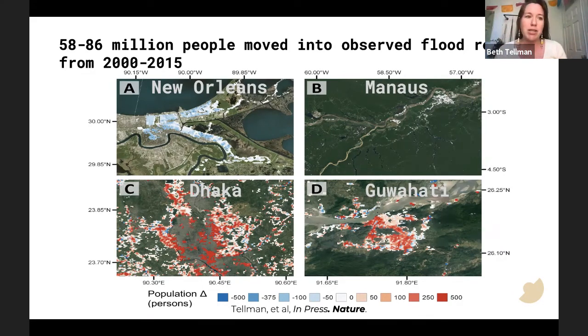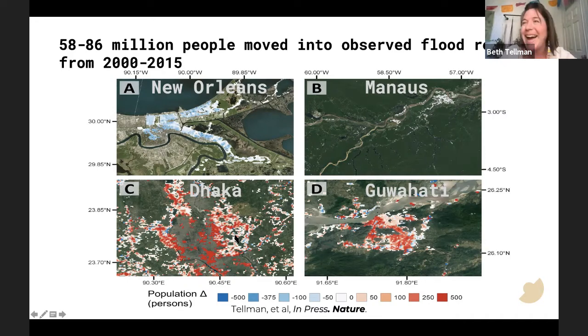So when we looked at each of these different events and the population movement in them, we took the data from GHSL and we looked at how many people were living in a place that we observed as inundated in the last 20 years, in the year 2000 and in the year 2015. And do we see movement in and out of floodplains? And we saw so much dynamism here. Places like New Orleans, where we know after Hurricane Katrina, a lot of folks affected were unable to rebuild and left that inundated area, and we see population decreasing there.